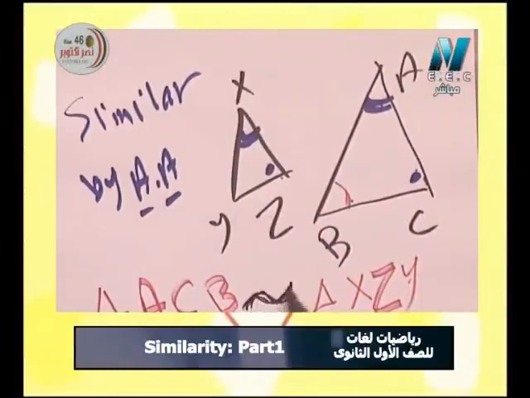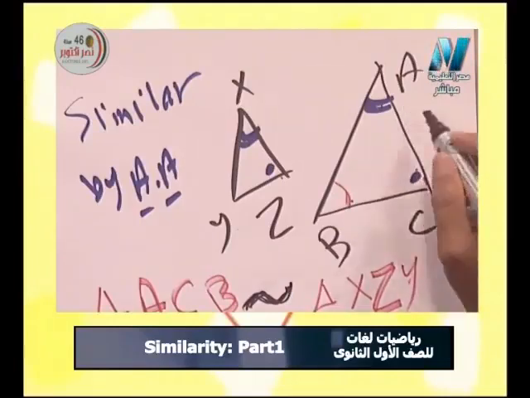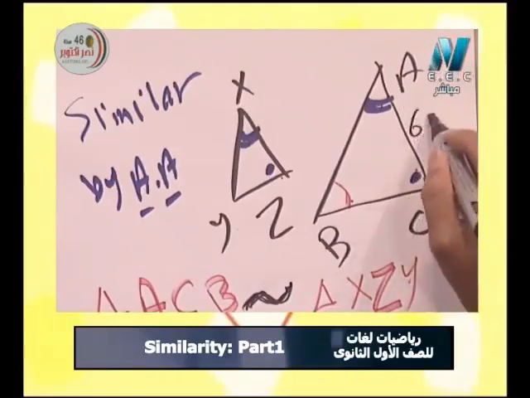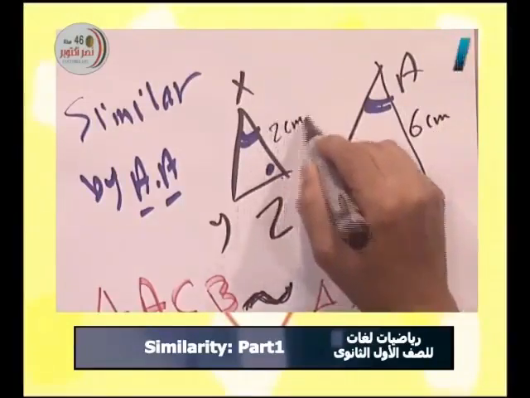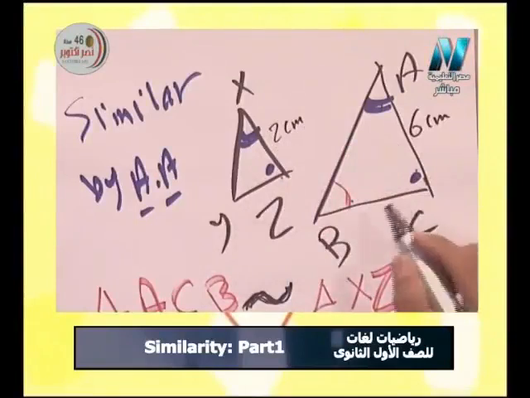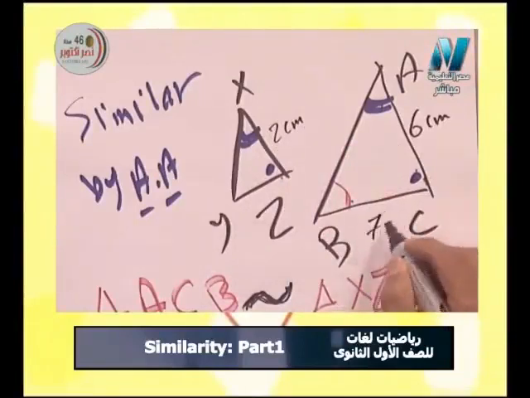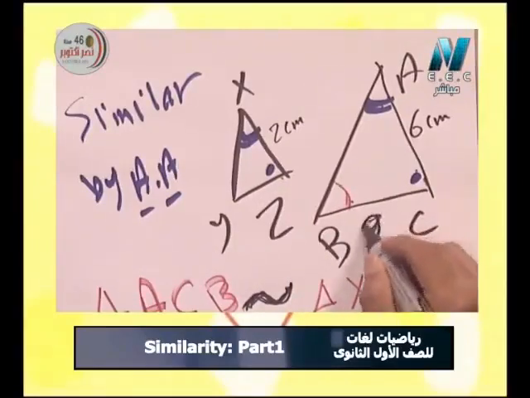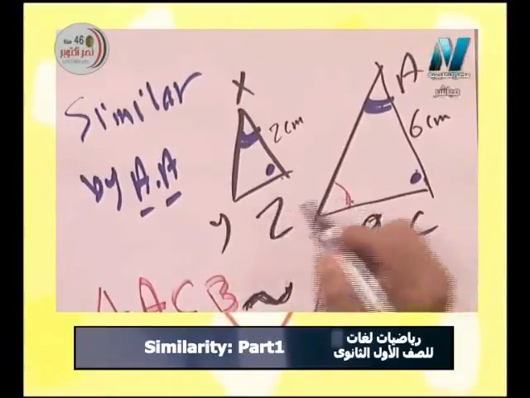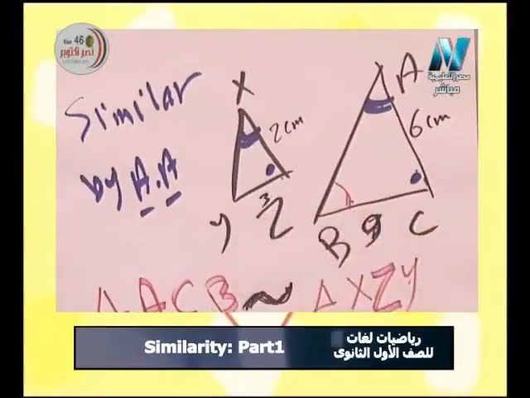And when we find the values of some sides, if we have AC equals 6 centimeters here, and this one equals 2 centimeters, BC equals 9, and this one is 3, 12, and 4.